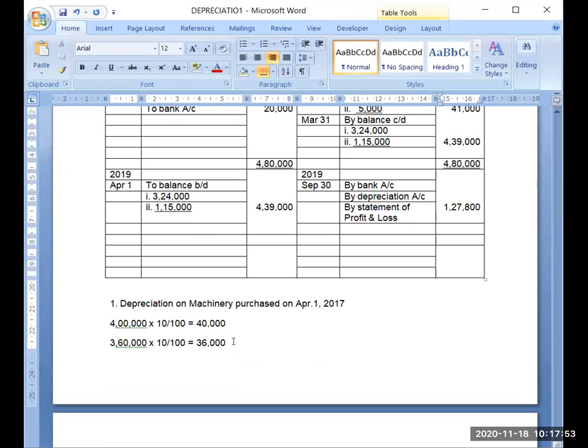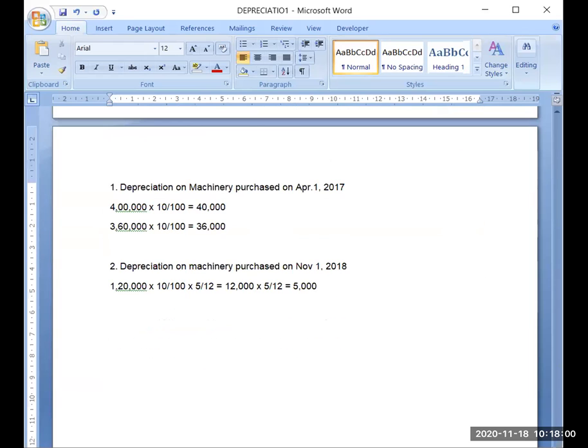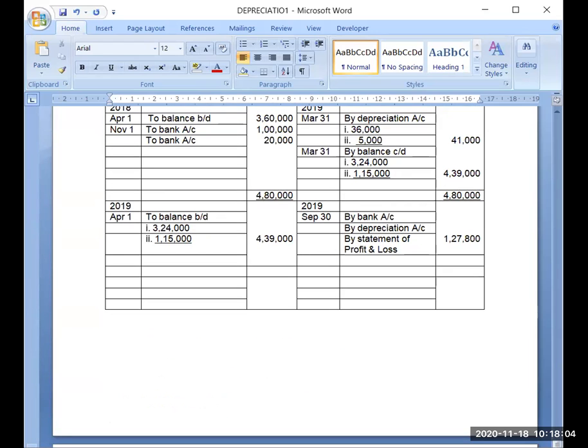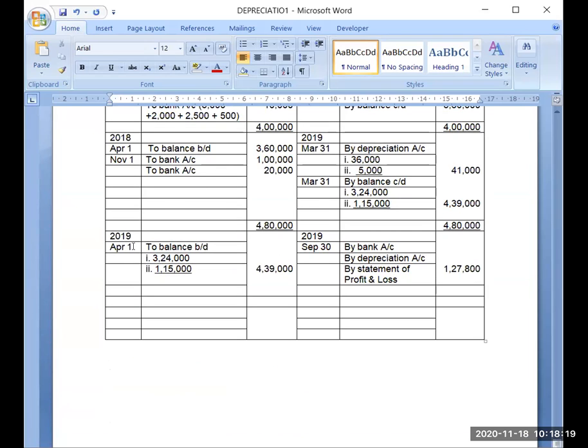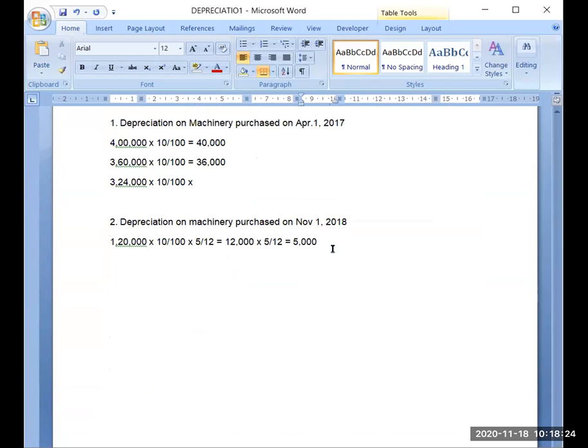First thing, we can calculate the depreciation of this part. So the written down value in the beginning of the year was 3,24,000 multiplied by 10% multiplied by time. Now count the time from April 1 to 30th September, and it will be 6 months.